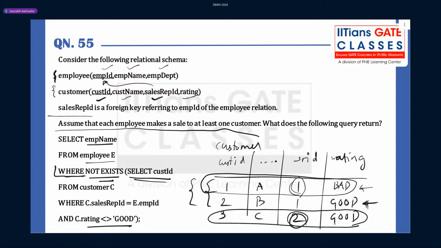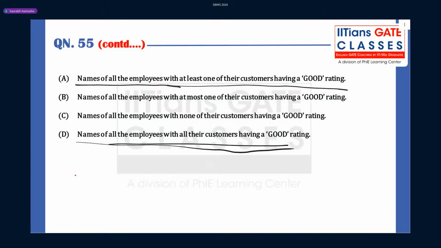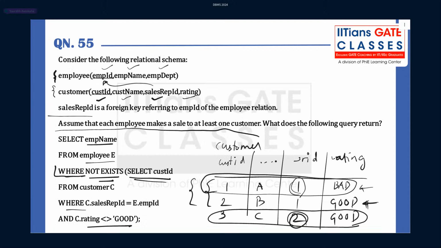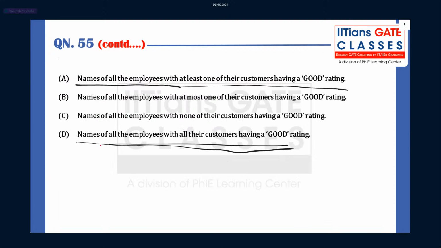So basically, all those customer IDs for whom the rating is not good will be returned. And if there are no such tuples, that means all the customers have a good rating. Only then will the where clause evaluate to true. And the employee name will be displayed, right? So option D is the right option. It will display the name of all the employees with their customers having a good rating.